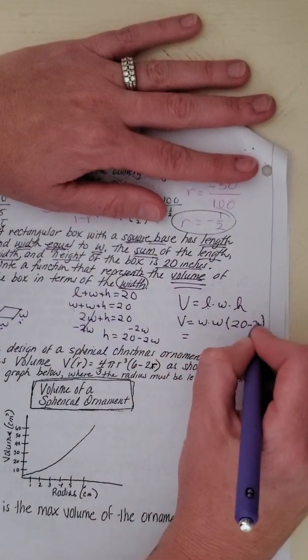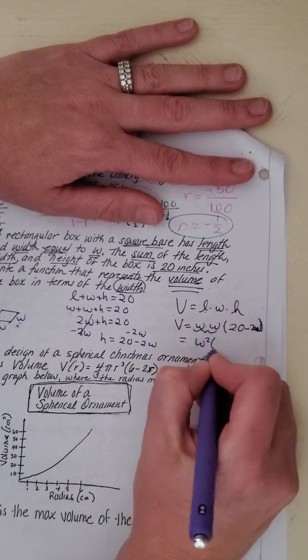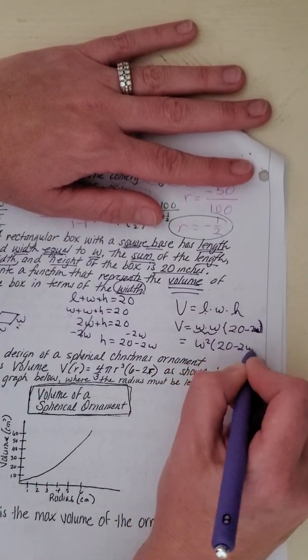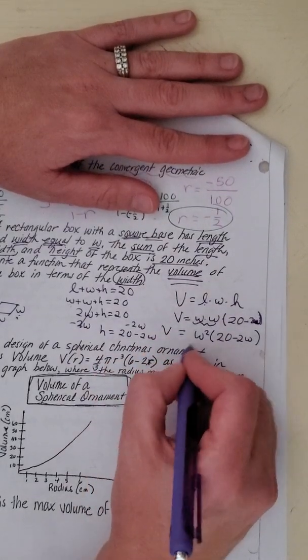And if it asks you to simplify, well, that's W squared, and then 20 minus 2W. And then if it asks you to keep going, then you would just distribute through again.